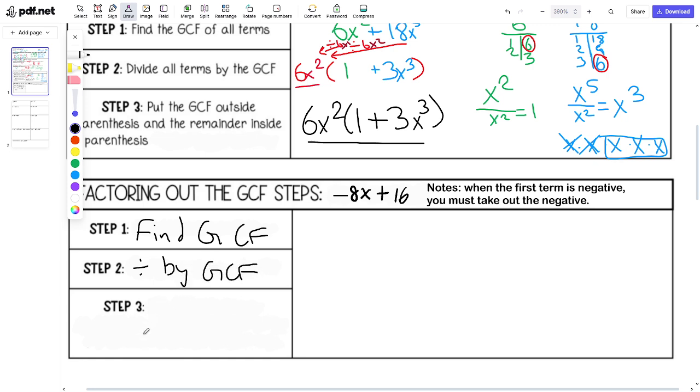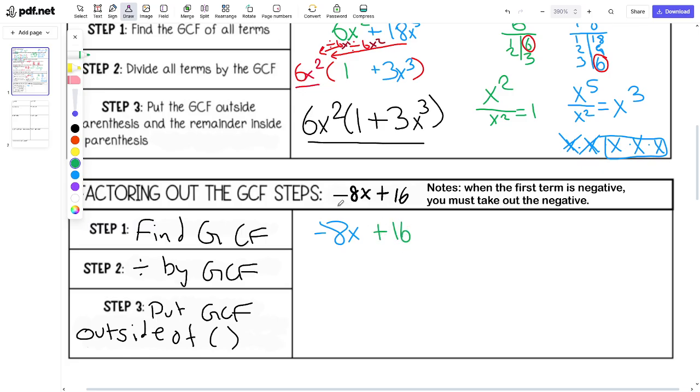And step 3, put GCF outside of parentheses. All right, let's get started with this one now. So we're going to start with negative 8x and positive 16.